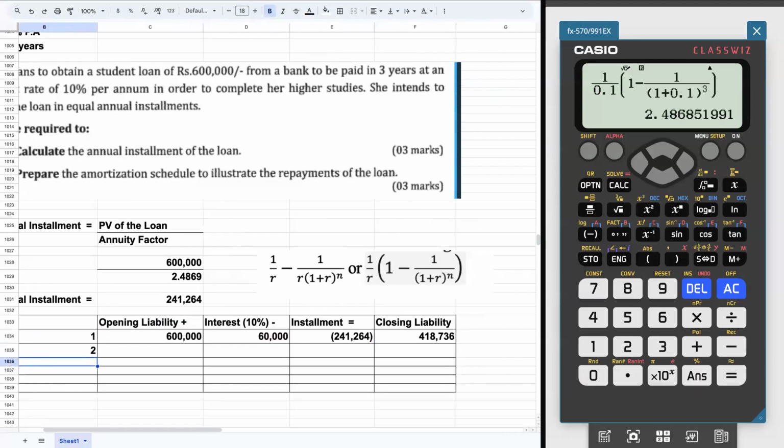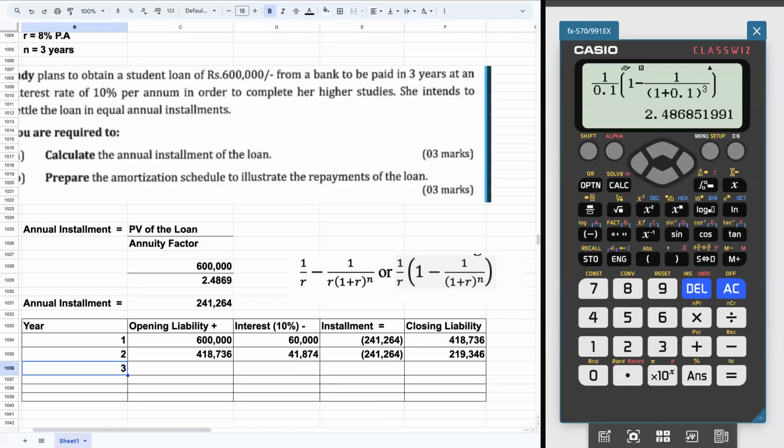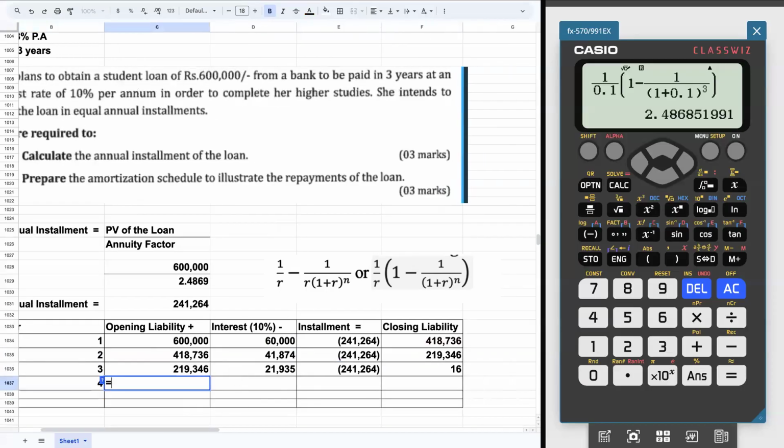So in the second year, the opening liability will become the closing liability of the previous year. And this is the interest. The same amount will be the installment. And this will be this. And in the third year, the opening liability is this. The 10% is this. Then here is the same amount. In the fourth year, this is your opening liability for this.